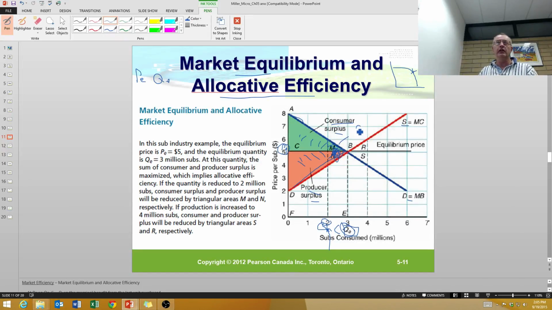That's known as a deadweight loss. So if we're at our equilibrium quantity, we have 0 deadweight loss, and the total of consumer surplus and producer surplus is maximized.